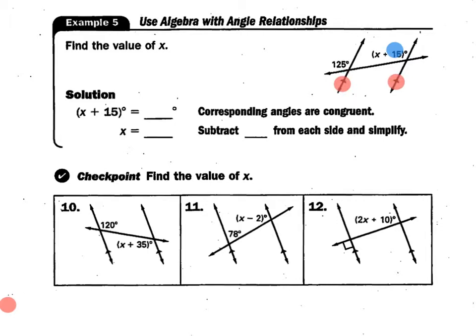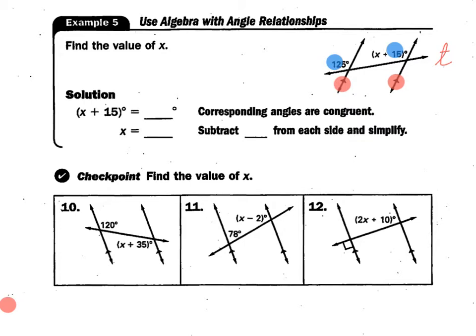If these two lines are parallel, that means my transversal is this almost horizontal line there. And therefore, I also know that I have corresponding angles at 125. And by the corresponding angle postulate, I know that they must be congruent.